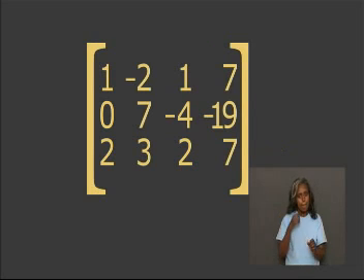Make sure that you change all the elements in row 2. For example, the -2 in row 1, when multiplied by -3, becomes 6 and is added to the 1 in row 2. This gives us 7. Can you see where we can make another 0?